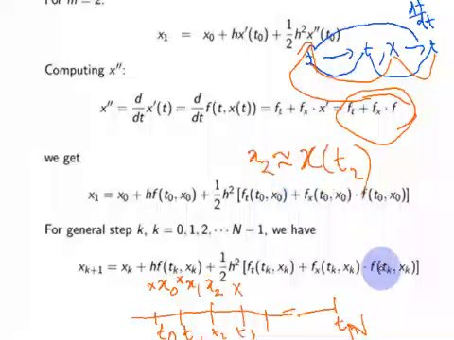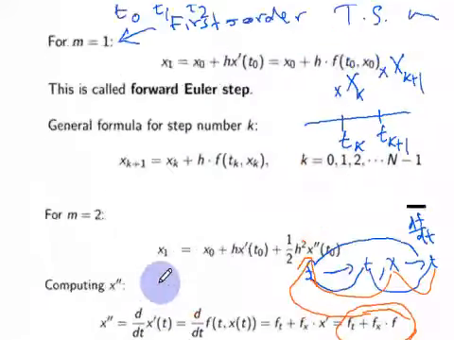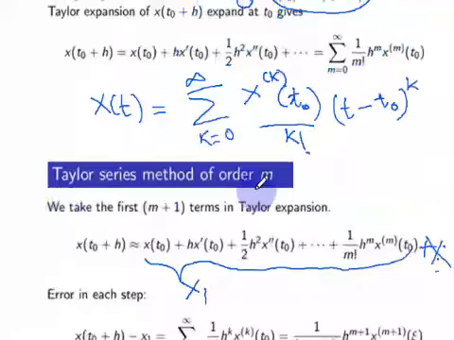We keep doing this until you get the last point. And right now f and f capital. I hope you understand this Taylor series method. So this is the general method of order m.